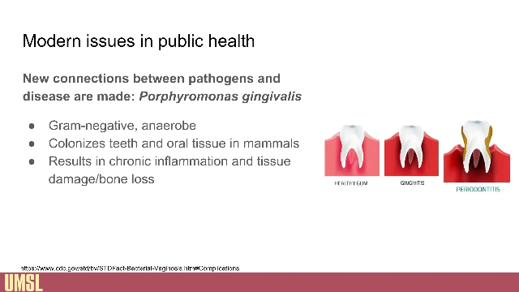But due to advanced culturing methods, they were able to isolate this particular pathogen and directly associate it with tooth decay. This is the critter that causes really nasty periodontitis, so essentially chronic inflammation, tissue damage, bone loss, cavities, all the really nasty stuff that can happen to your teeth.